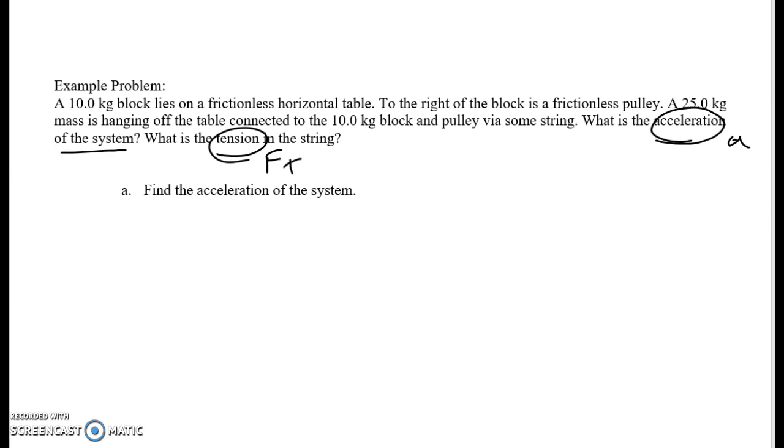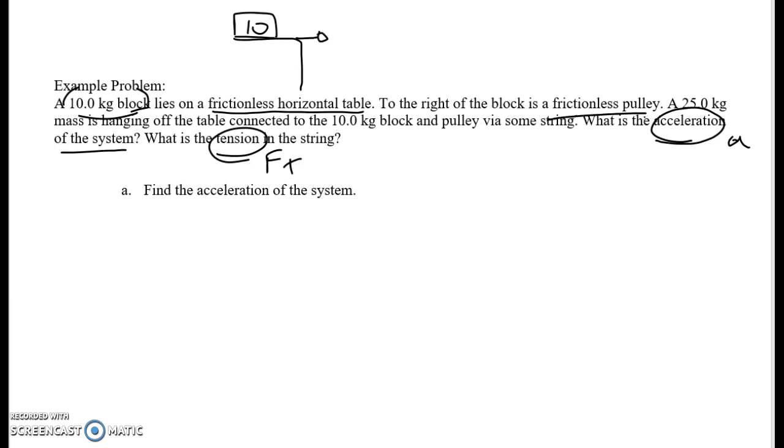Okay, so I'm going to visualize the problem by drawing a little mini picture just to visualize what's happening. So I have a 10-kilogram block, and it's on a frictionless horizontal table. There's my block, it's on the table. To the right of the block is a pulley.